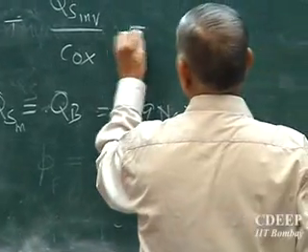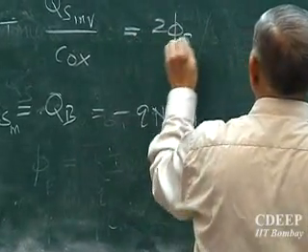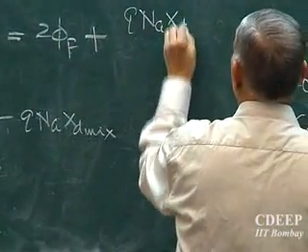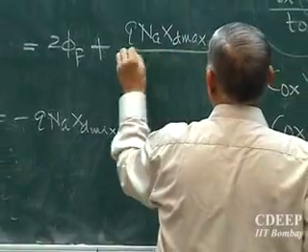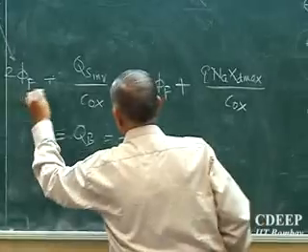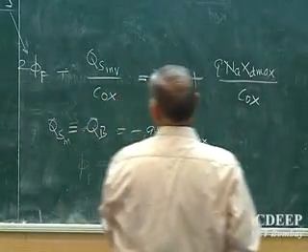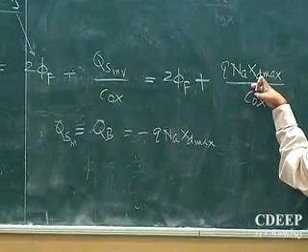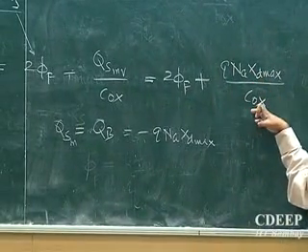So if I substitute here, Vt is equal to 2 phi f plus Q Na XD max by Cox.